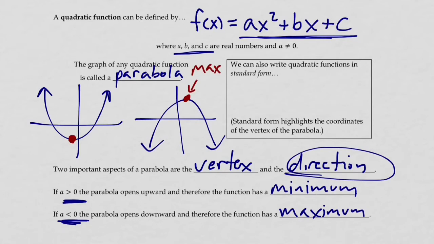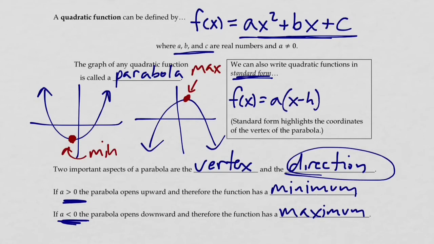If we have a function that's representing something in the world, it might be very useful to know where that vertex is so that we can identify either the minimum or the maximum. One way to see that in the formula is, by completing the square, we can create what's called the standard form of the quadratic function, which is f(x) = a(x - h)² + k.